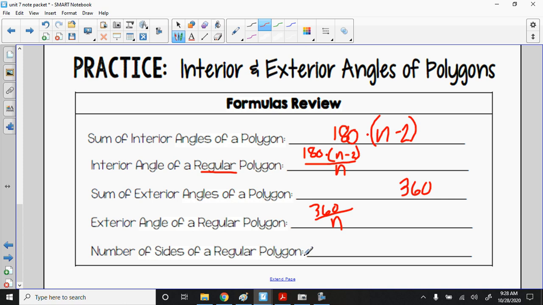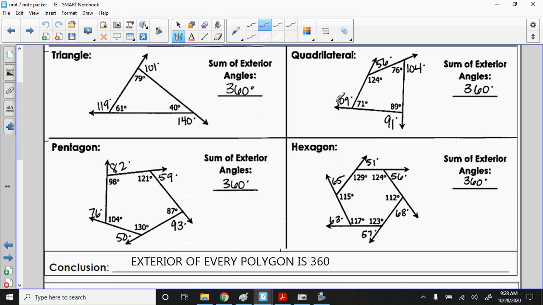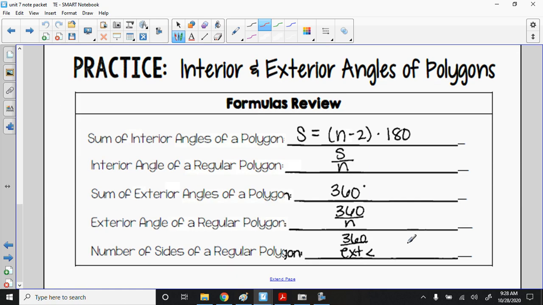Number of sides of a regular polygon is 360 divided by the exterior angle. 360 divided by EXT, that's exterior angle. That's an angle symbol. 360 divided by exterior angle.